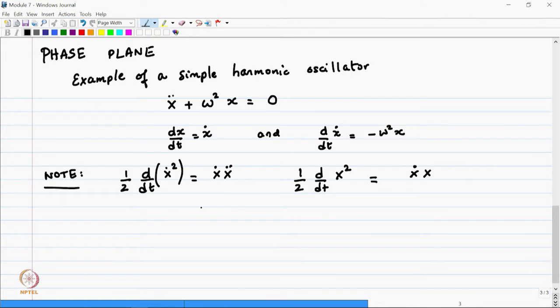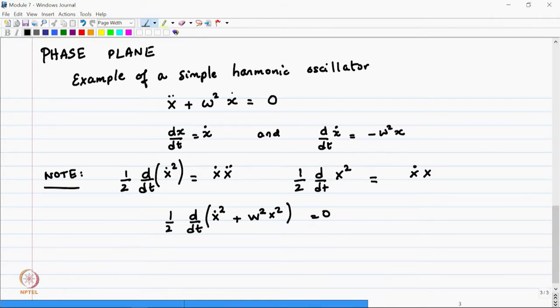So what you can say immediately is that half d by dt of x dot square plus omega square x square is equal to 0.